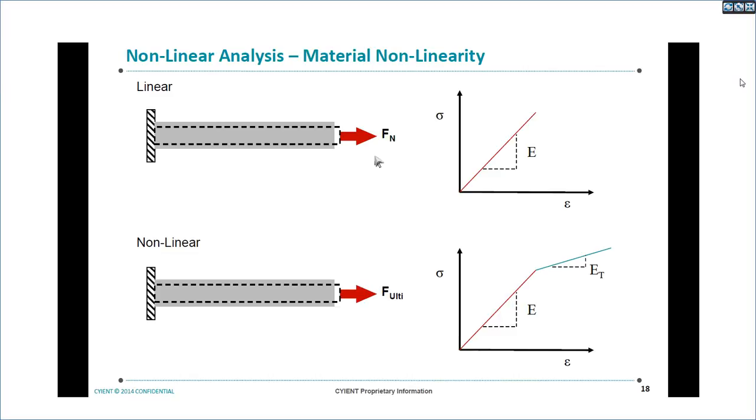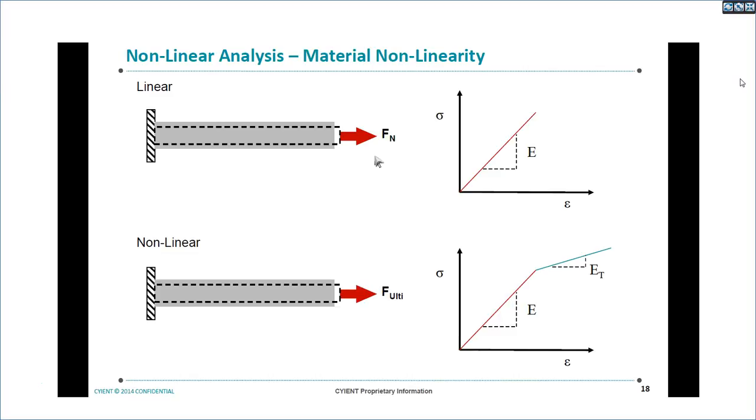Suppose a component is subjected to an operating load of say 100 kilonewtons. When you apply 100 kilonewtons on a component in structural analysis, the stress should not cross the yield strength.